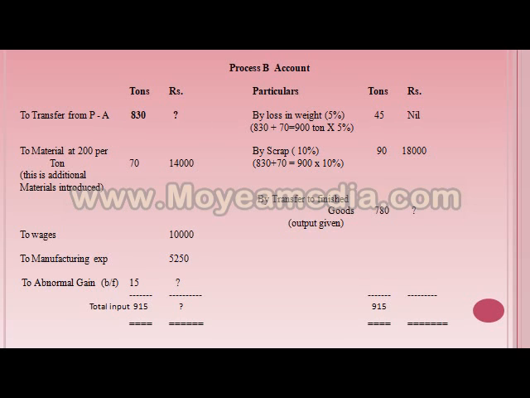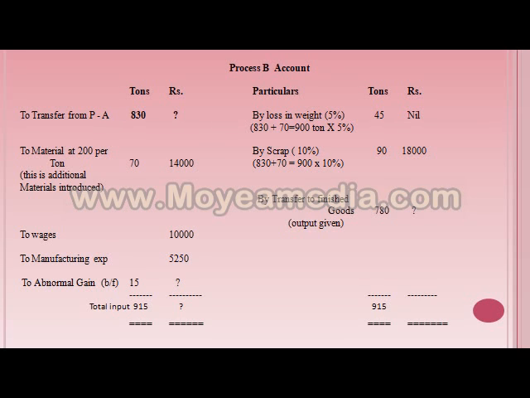So 70 into 200 will give you 14,000. Then the other expenses incurred in process B are 10,000, and manufacturing expenses 2,000, 5,250. Then the output in process B is given as 780 units.